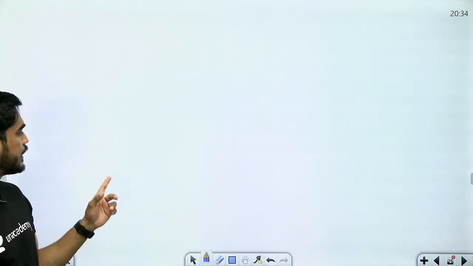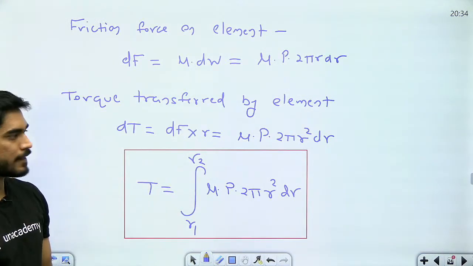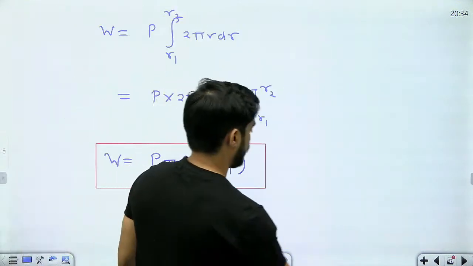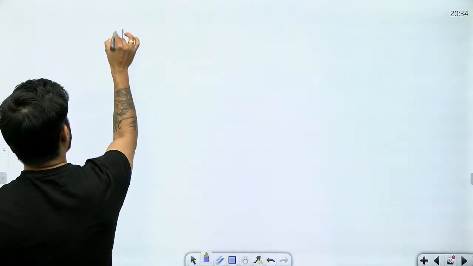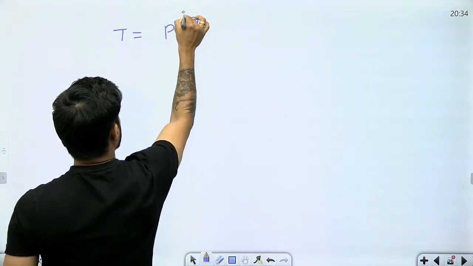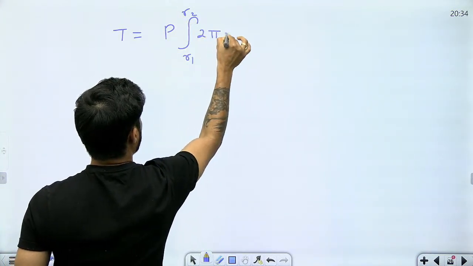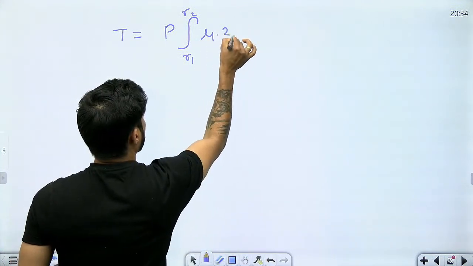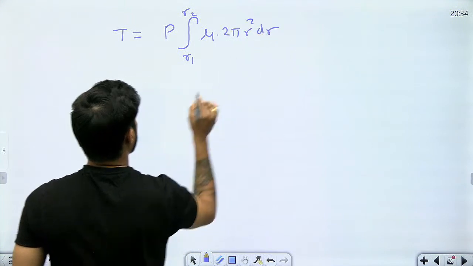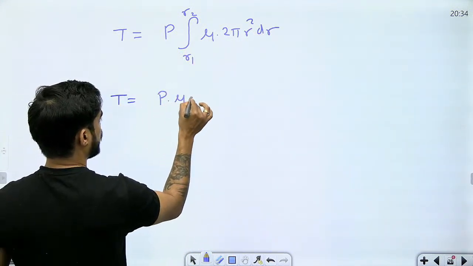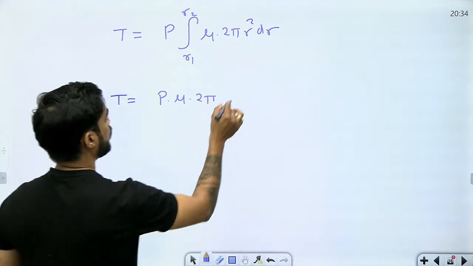Now I need the relation between T and P. So how will I get this relation? Again P will be constant, so let's take P outside. So this will become T equals integration R1 to R2, mu into P into 2 pi, integration R square dr. Now beta, this mu and 2 pi are also constant, they will also come out of the integration.